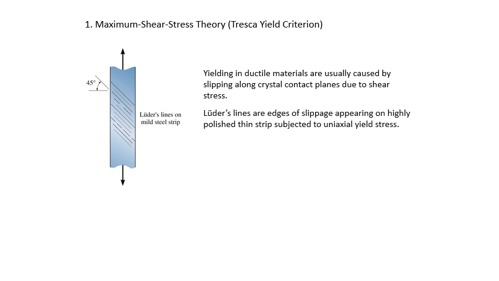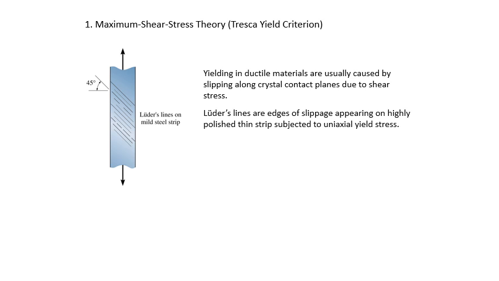The first theory for ductile material is the maximum shear stress theory, also called the Tresca yield criterion. Normally we call it Tresca. Now, the theory is based on yielding in ductile materials, which is usually caused by slipping along crystal contact planes, and these crystal contact planes slip due to shear stresses.